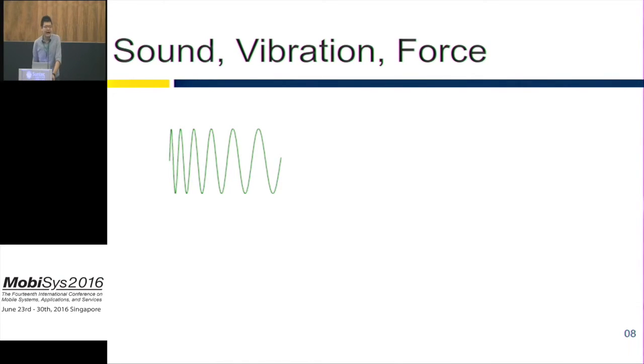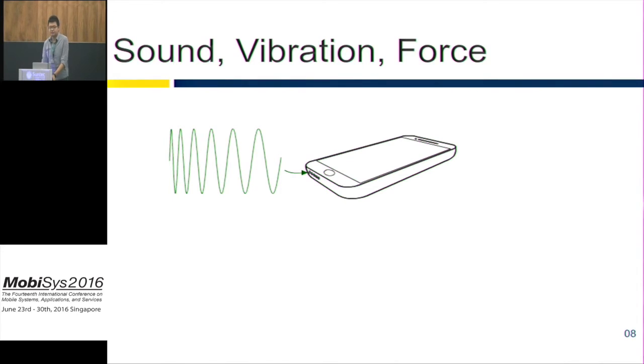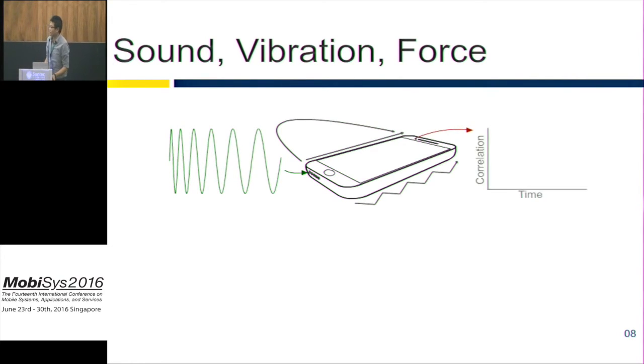If you put this very ideal chirp into your device, and you ask your device to play this via the speaker, because the sound is going to go to many different paths and be received in your microphone. So if you plot the correlation of the signal you just received and the signal you just sent in the time domain, then you will find that will be the result that you will get. You will see many peaks, even if you just send one chirp, because the sound goes to very different paths.